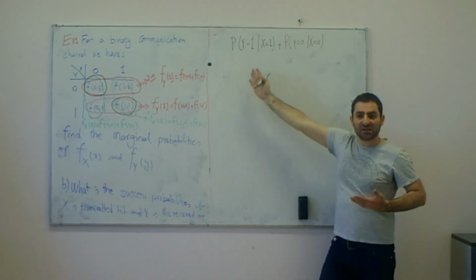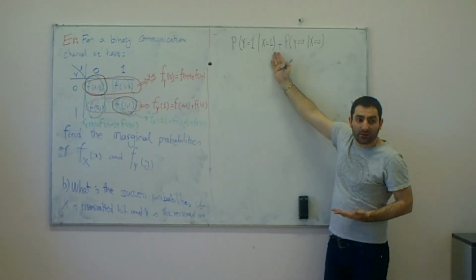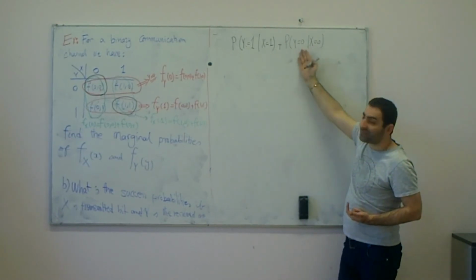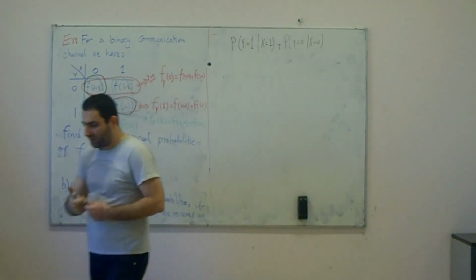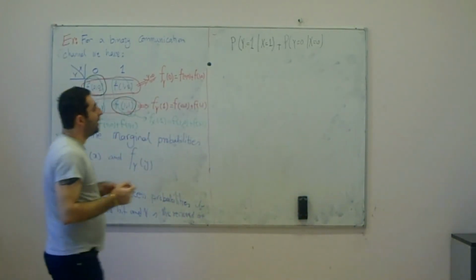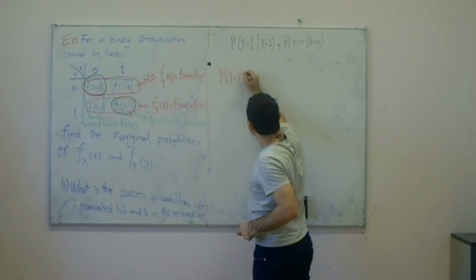What is the probability of receiving 1 if I am sending 1? What is the probability of receiving 0 if I am sending 0? Do you remember what the formula for this was?